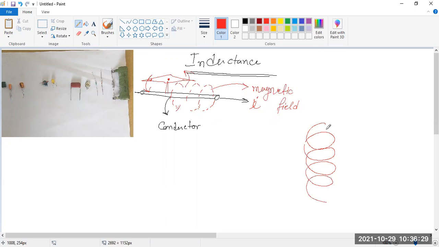What happens? If it is a coil, let me draw it. Okay, so this is a coil.